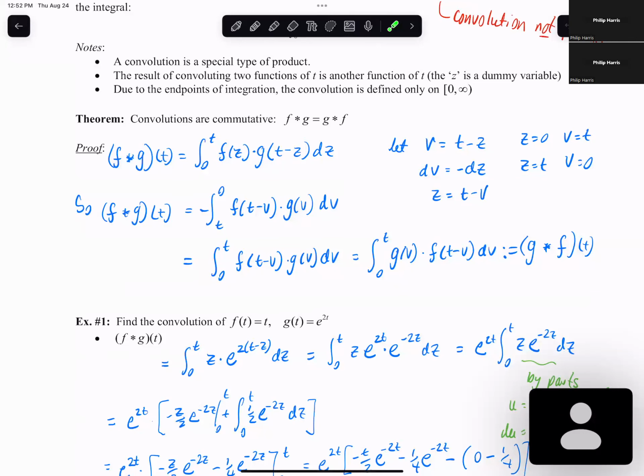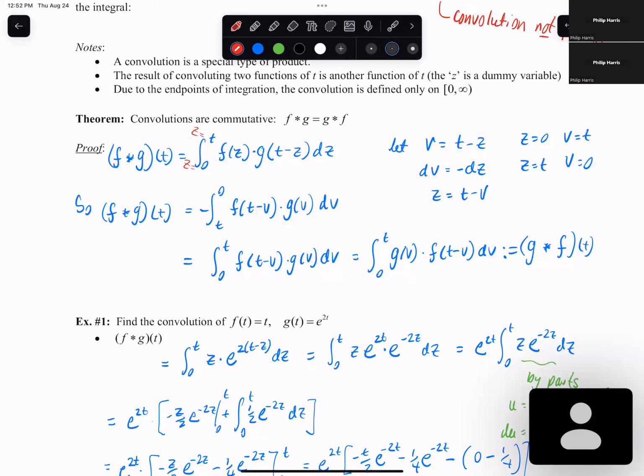This is the obvious idea to try to rearrange it into the other integral. Notice if v is t minus z, dv is minus dz. Also, we can solve this for z and get z is t minus v. We can also understand the endpoints of integration. Technically, when we write this integral, we're really saying z is from 0 to t.